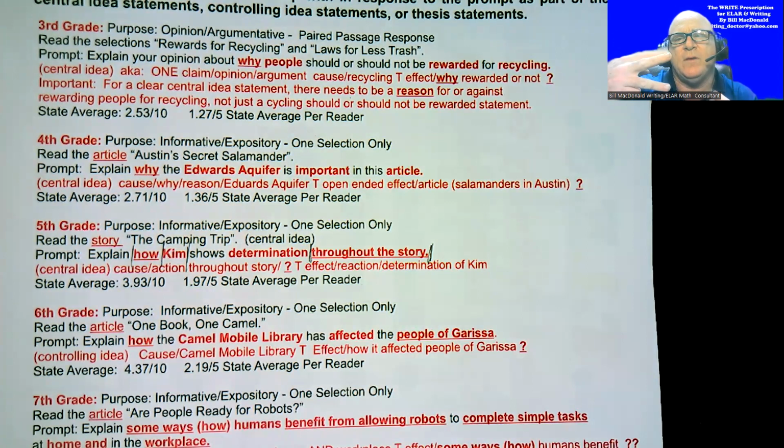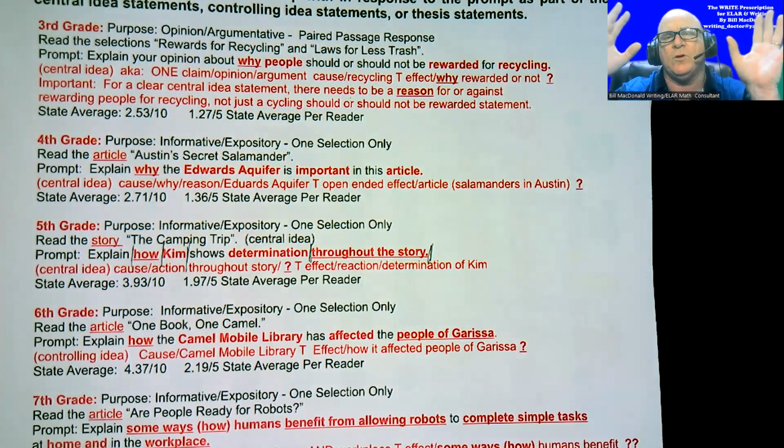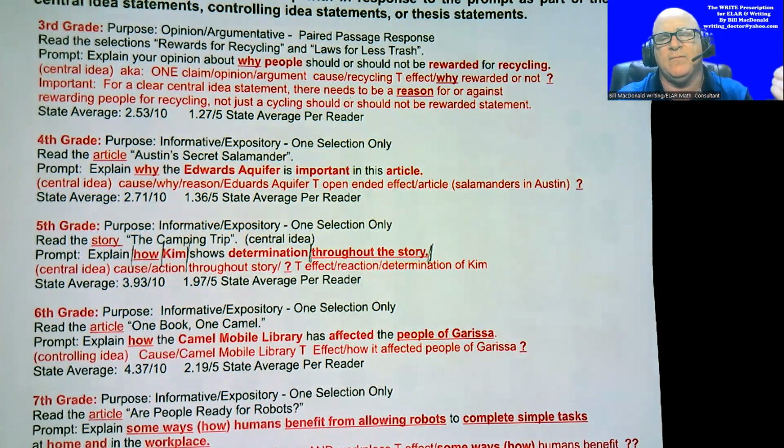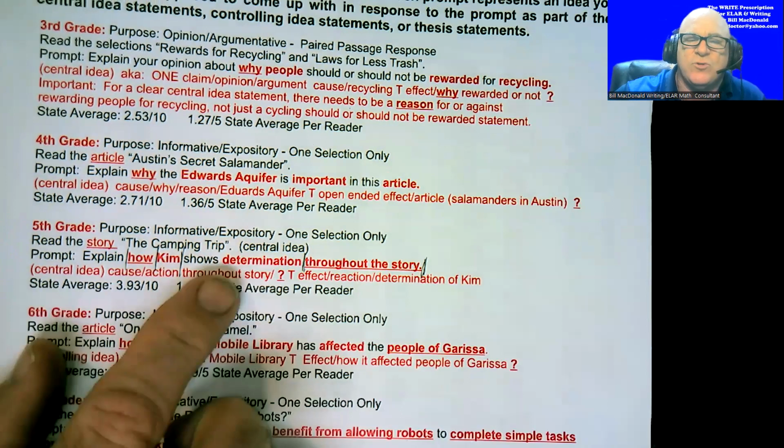So if you think of your evidence, because it says throughout the story, you would want something from the beginning, some evidence from the middle, evidence from the end, that you'll explain and explode with vocabulary and the voice, and lots of great things that we're going to talk about as this training progresses throughout the summer.